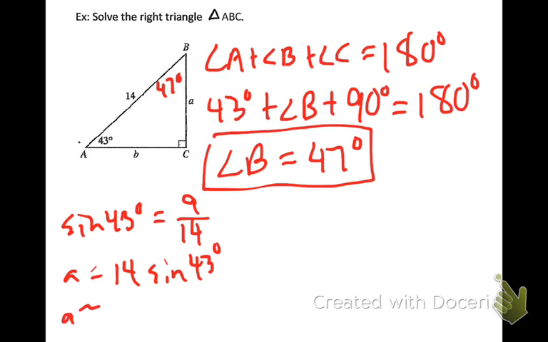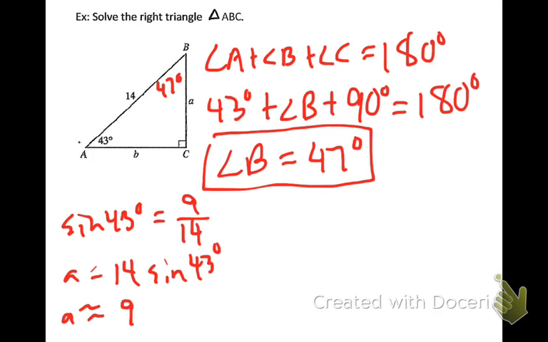So A is approximately, what do you get to the nearest 4 decimal places? What did you get for A? 9.548.